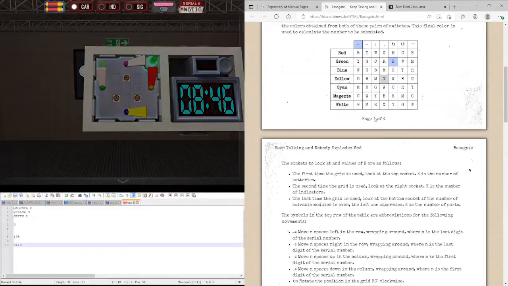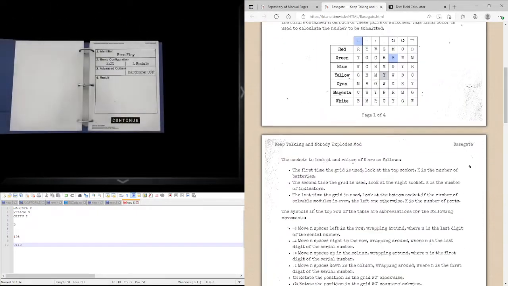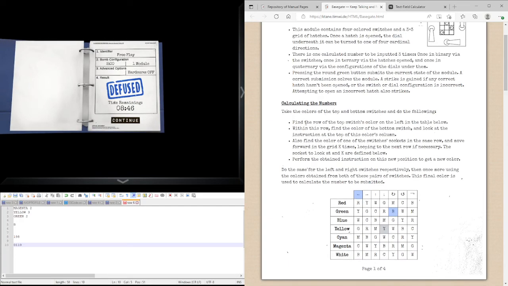So just to recap on how this module works, we find our socket and K values from here. Use the top switches colour on the first set, left on the second, to add the bottom and right ones respectively. Hold on, let me reword that.